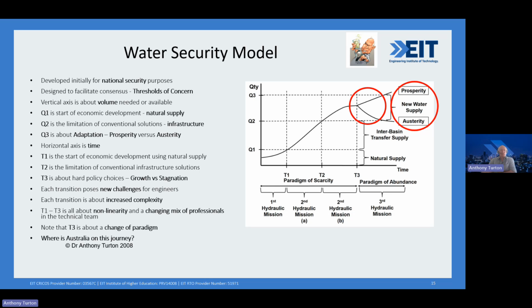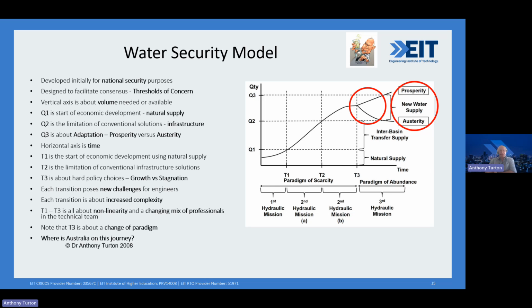And that's when we have to start making very, very hard choices. And those hard choices are shown in the top right-hand part of that graph there. Are we going to continue on a pathway to prosperity, or do we have to realign our water availability with the aspirations of society, and are we going to cut back on supply?